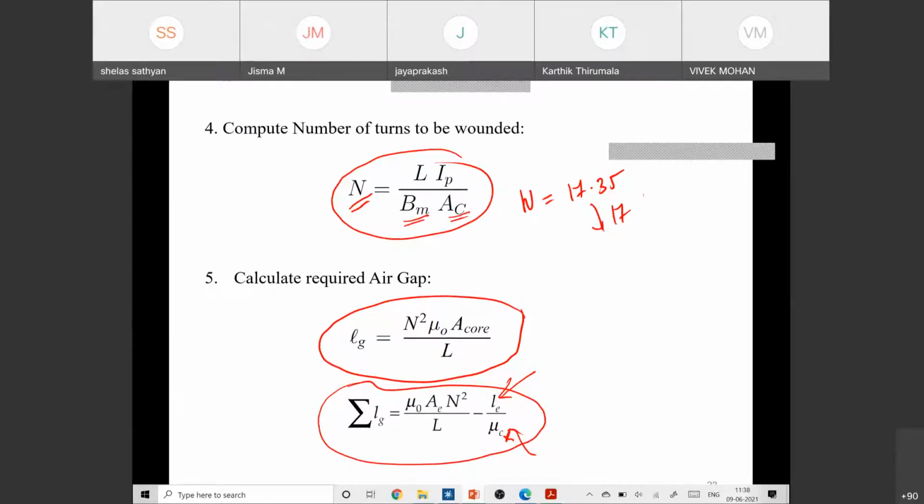In most of our laboratory applications, we will be purchasing only ungapped cores, because when a student is designing an inductor for a particular application, there is a high chance the air gap will be different for different applications and different inductance values. So we can customize our air gap by providing the insulating paper. So an ungapped core is sufficient for our laboratory and research purpose applications.